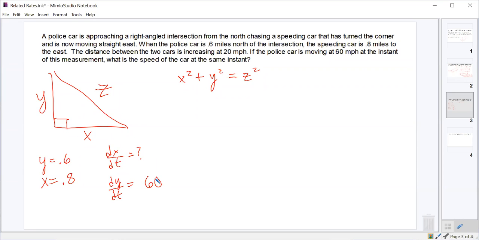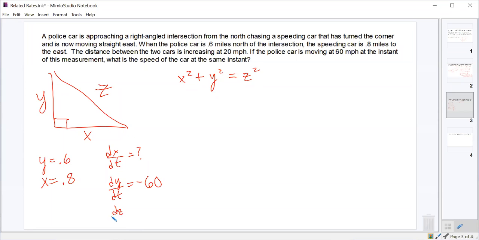Now, is y increasing or is y decreasing? Decreasing. Therefore, its rate of change has to be negative. So anytime you have a quantity that's decreasing in a related rate problem, its rate of change has to be negative. Okay?